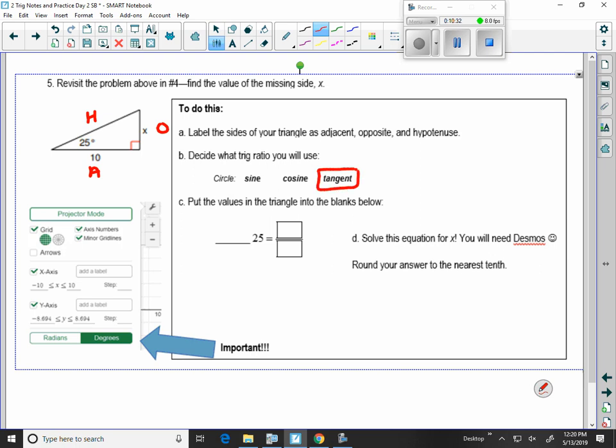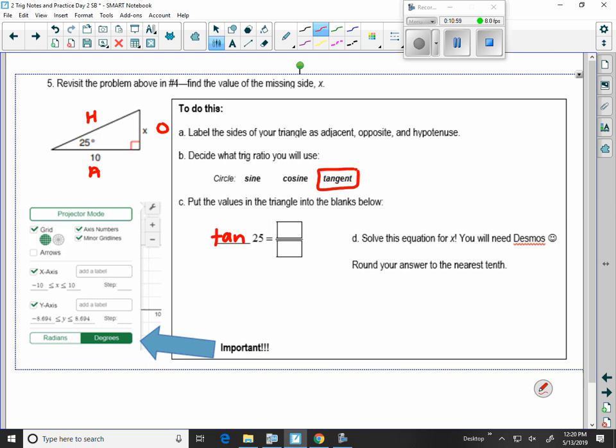We're going to use tangent of 25. Now, we're used to seeing tangent theta, tangent A, whatever the angle is. This time the angle has a measurement. The angle is 25 degrees. So that's why we write tangent of 25.